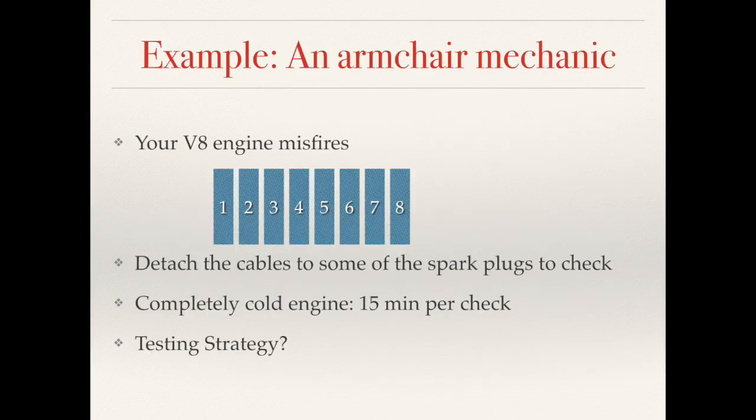In this example, we consider an event that has a probability of 1 over 8. That is 12.5% to be the outcome. And to imagine such an event, consider you have a V8 engine, but someday you find your car runs not as powerfully as normal, and you can hear funny noises from your engine.